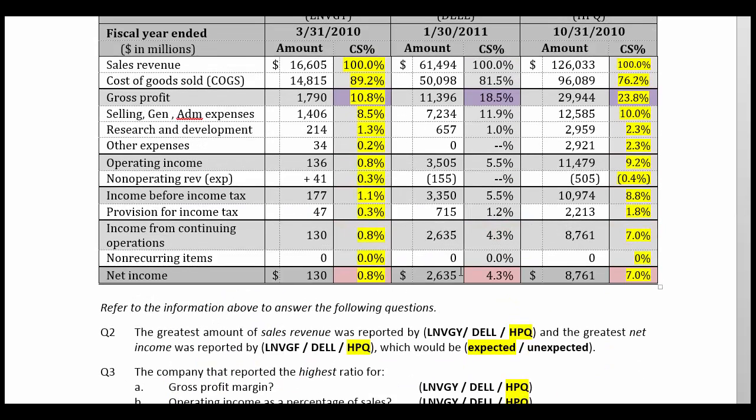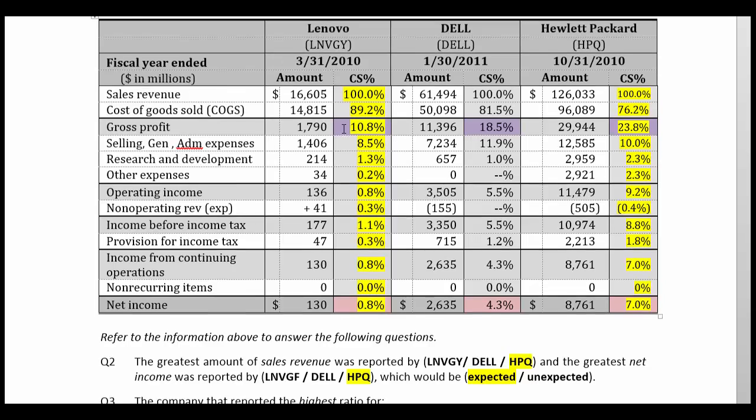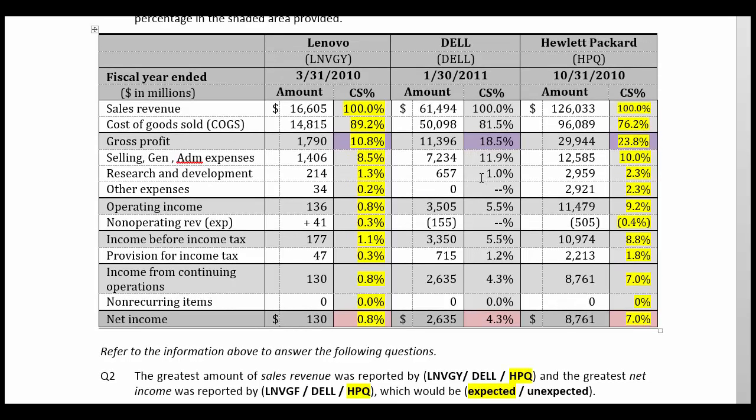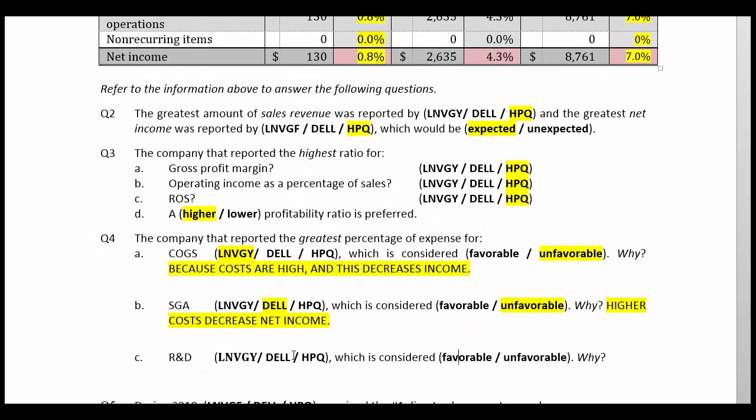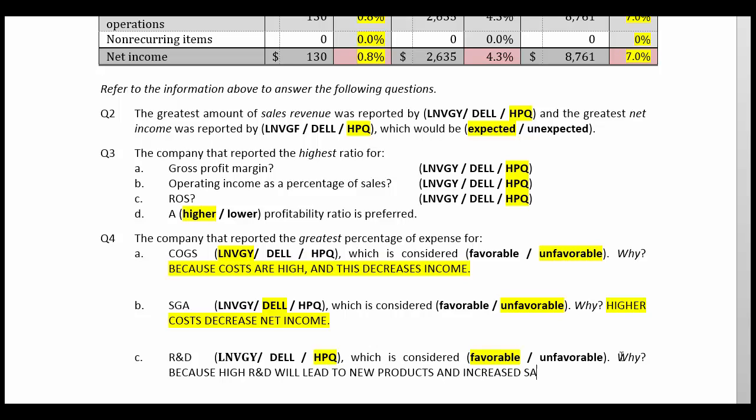Now let's look at R&D. If you notice here, R&D is 1.3% for Lenovo, 1% for Dell, and 2.3% for Hewlett-Packard. So the highest percentage of R&D is Hewlett-Packard's. And that is considered favorable because high R&D is going to lead to new products and increased sales.